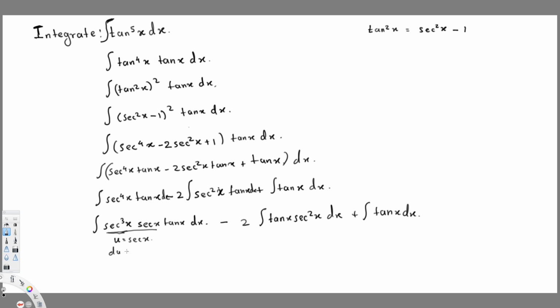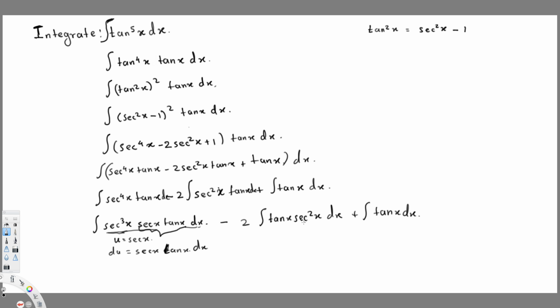If I take du, this is going to be sec x tan x dx. So I can replace this part by du, and we have taken care of all these things.